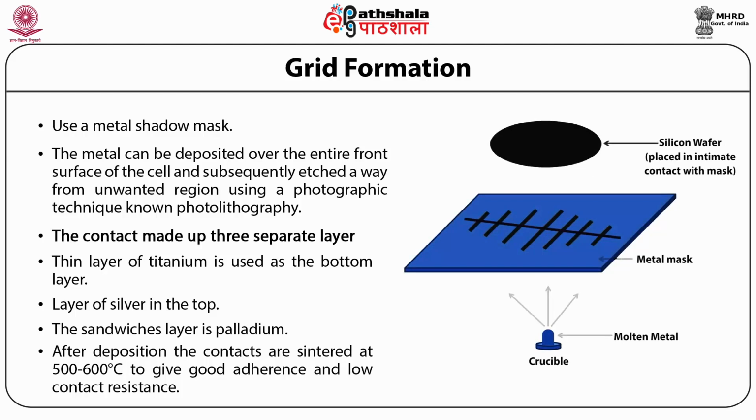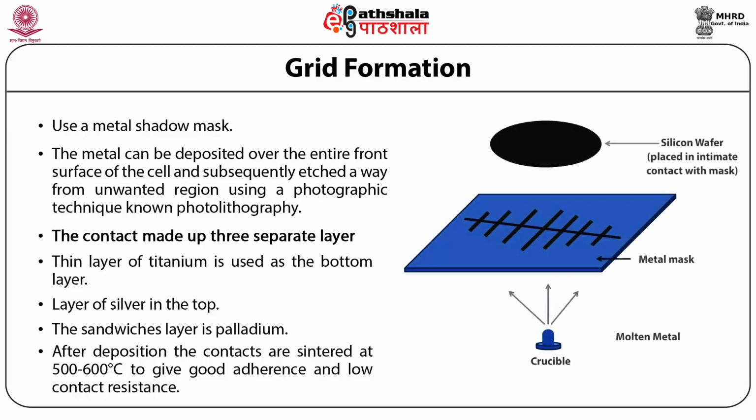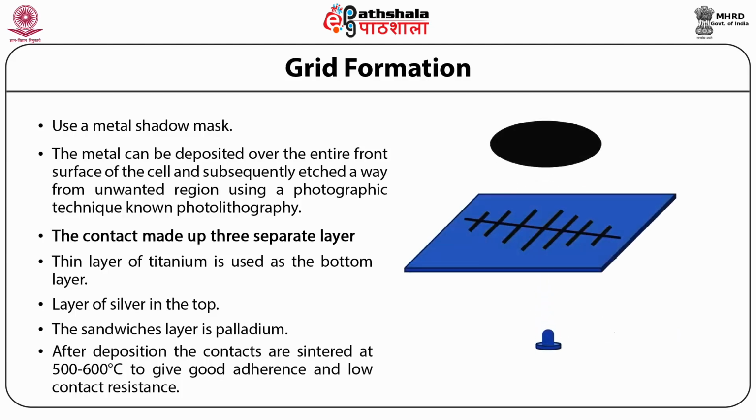However, the presence of oxide layer on the silicon surface results in poor adherence. The adherence can be enhanced by using a layer of palladium in between silicon and nickel, but the resistivity is decreased using solder coating.